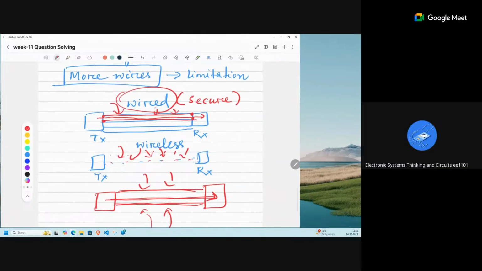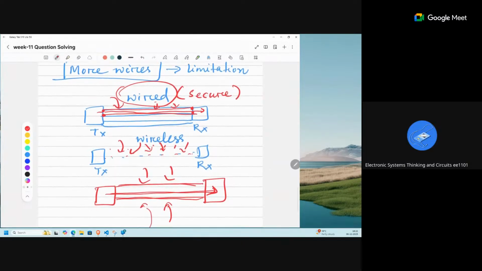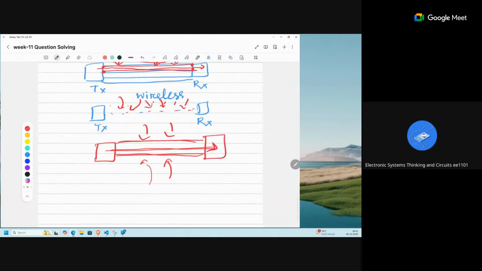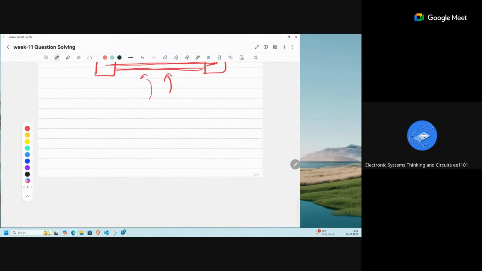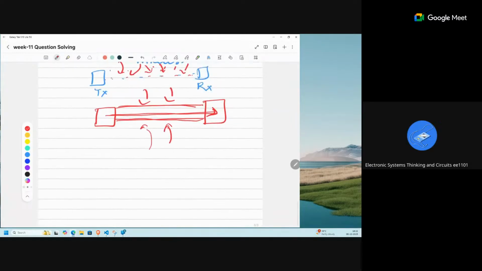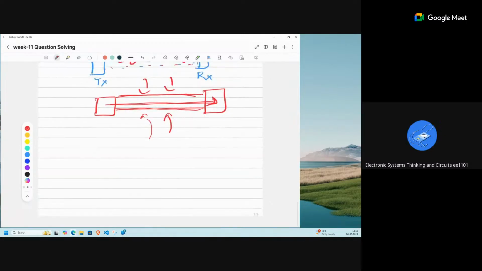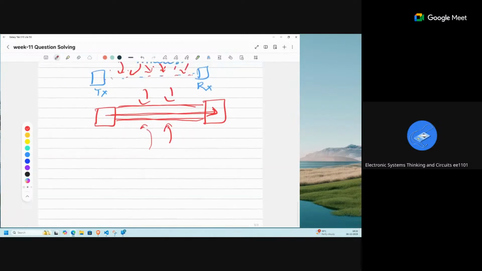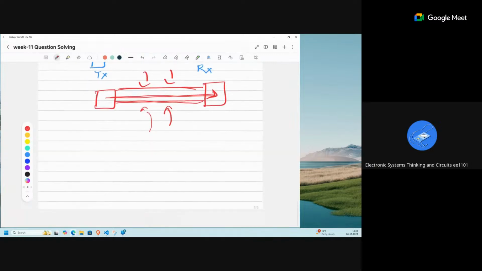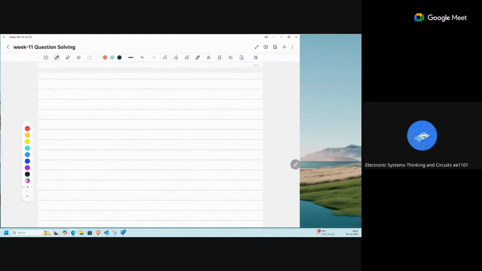So if I ask you what alternative method is suggested for sending multiple messages without using many wires? What will be the alternative method? Means if multiple wires are used to send multiple messages, what are the other methods?